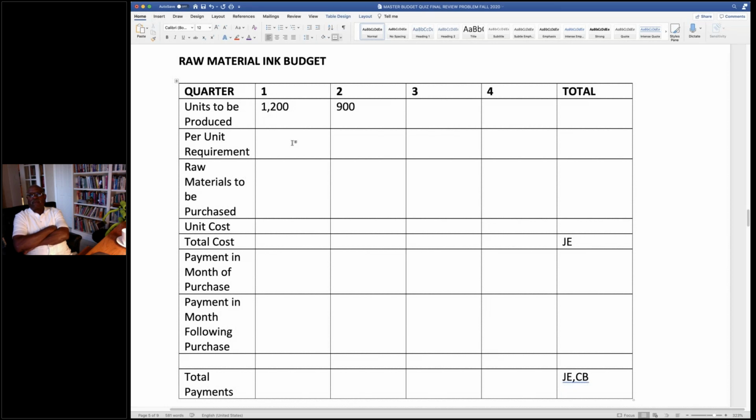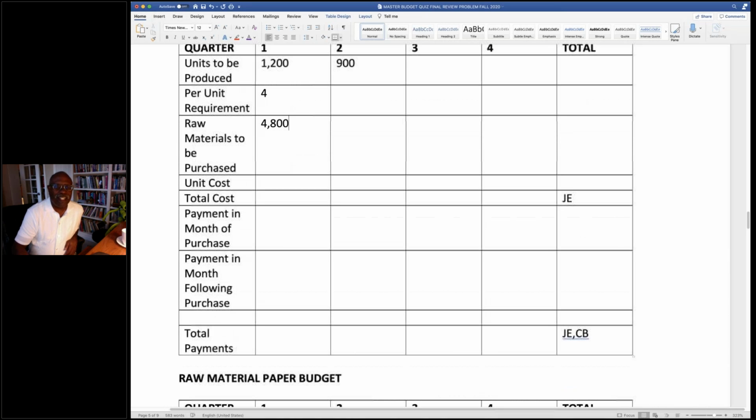I thought you need 4 ink cartridges per book. It is 4. So we need 4 ink cartridges. We're making 1,200 books. Then how many ink cartridges are we gonna use in those books? 4,800.